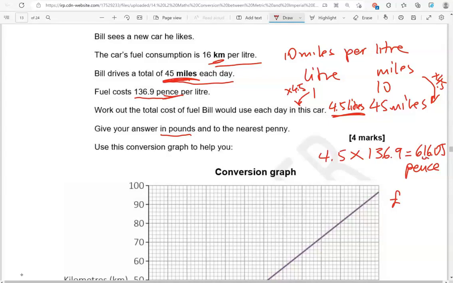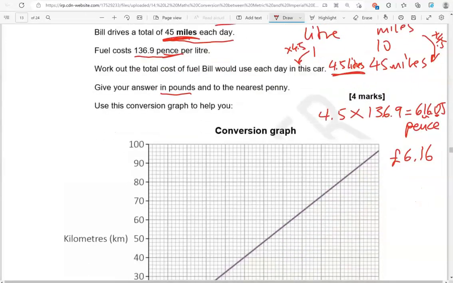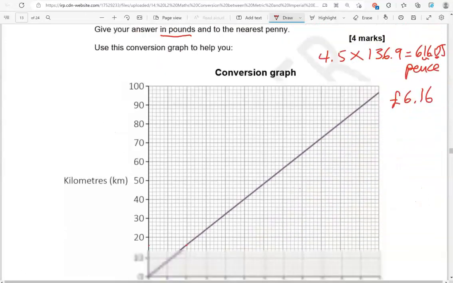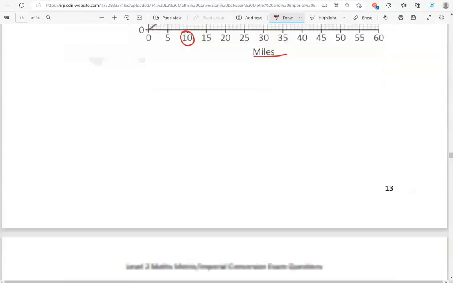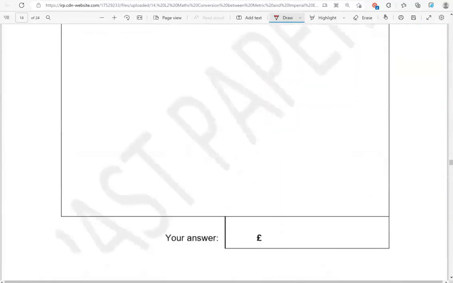So that will be 6.16, because there is a 0 there. So £6.16 per day.